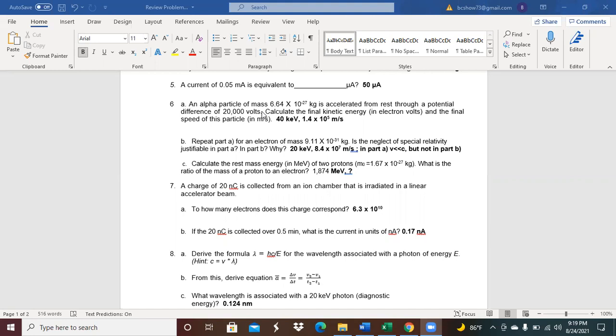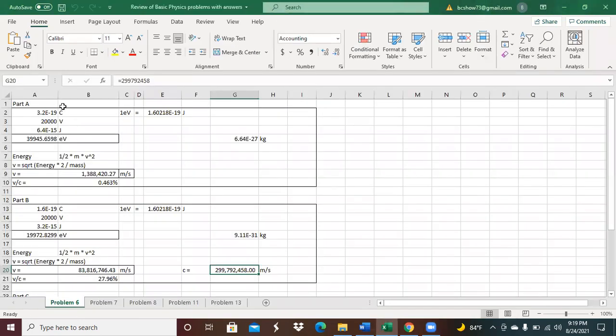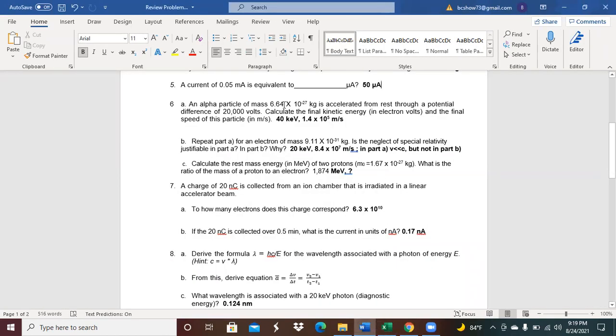And when you do that, whatever the charge is multiplied by the voltage will end up giving you a measurement here in electron volts. And that's what this sheet is supposed to help clarify. So let's calculate the final kinetic energy in electron volts and then the final speed of the particle. So you can see the answers here.